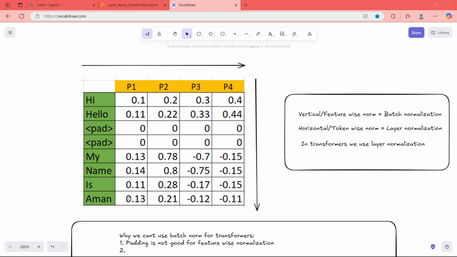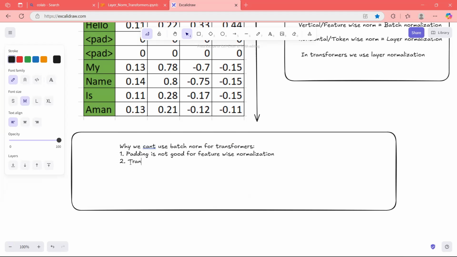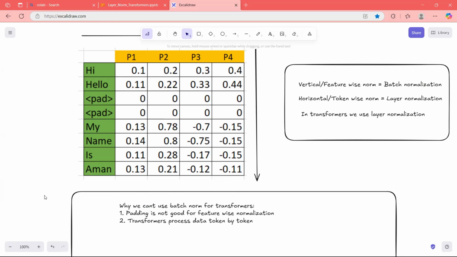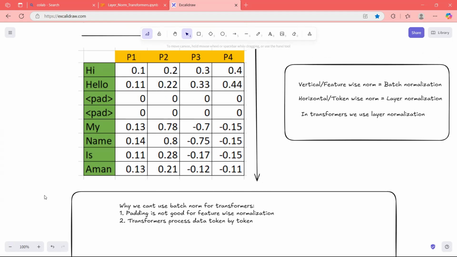What is another very important reason why we do token by token normalization? Because transformers process data token by token. I was explaining how a transformer is different from other architectures in the last video. The previous models, RNN and LSTM, look at the front and look at the back.